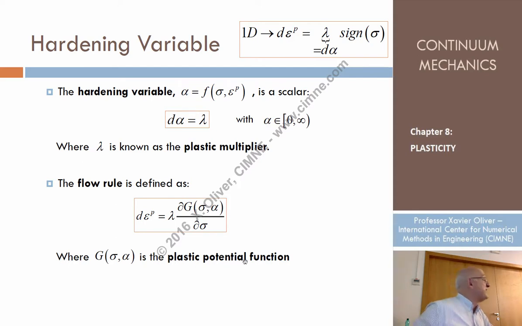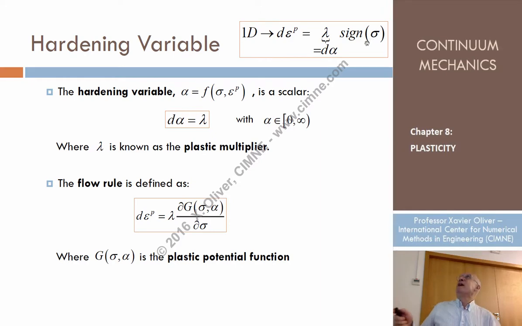We'll see that, for instance, in soil mechanics. That's the plastic potential function that depends on the material. That is part of our model. But it is a potential, why? Because by differentiation of this function with respect to the stresses, we obtain what comes here that multiplies lambda and provides the plastic strains. It's like that.